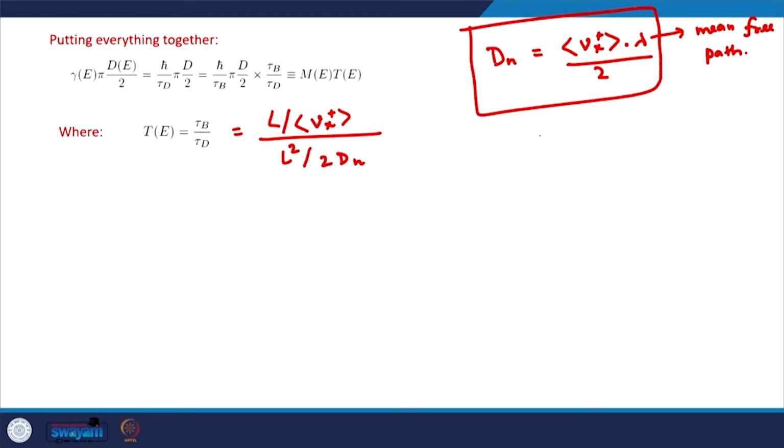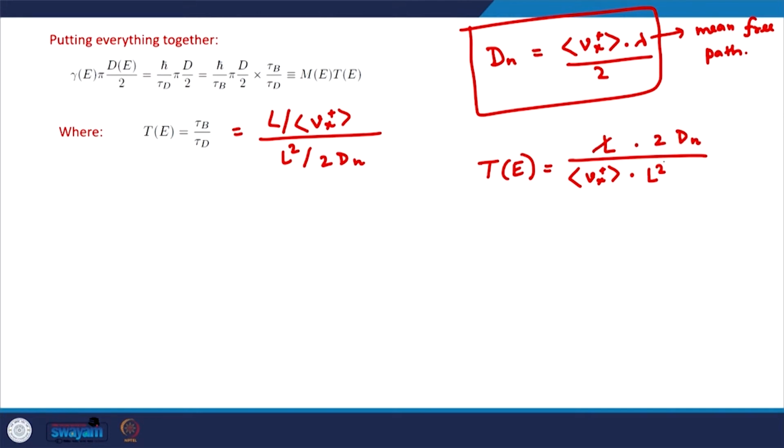So, if we consider this to be the value of the diffusion constant, diffusivity, then if we put this in this expression, the transmission coefficient turns out to be L divided by average velocity in x direction into L square divided by 2 dn.